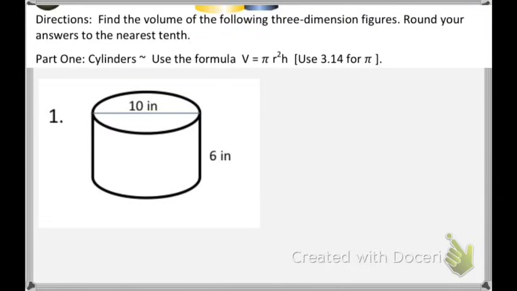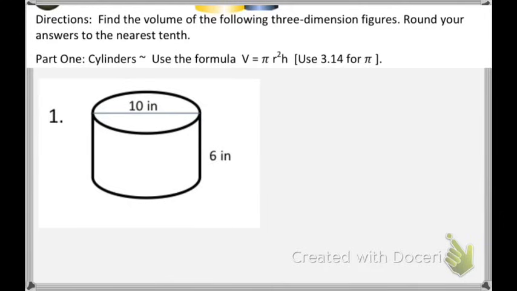Now, you're going to have to learn these formulas to an extent. You need to know how to use them. You will be given the formulas on the test, so the usage of the formula is much more important than can you remember it, okay? So, for a cylinder, again, it looks like a soup can or a Coke can.